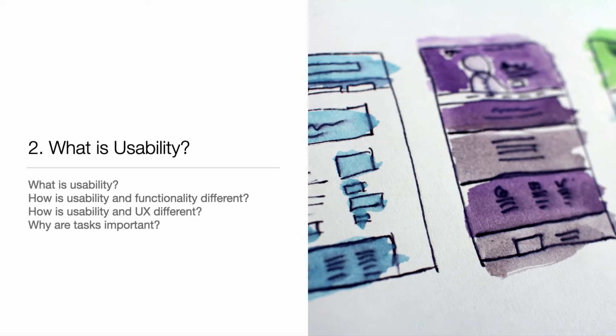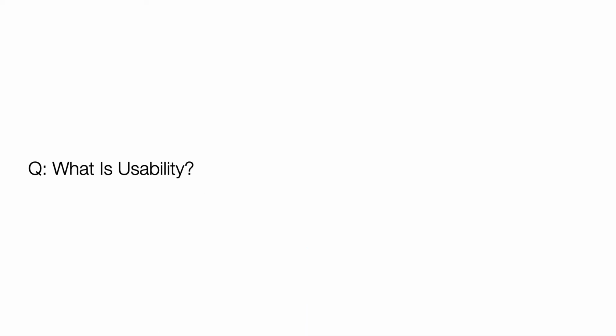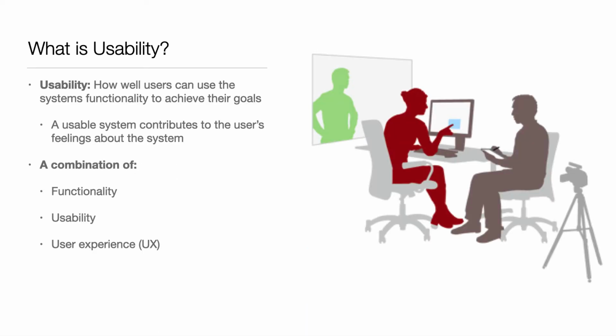What is usability? Well, usability is how well users can use the system functions to achieve their goals. So a usable system contributes to the user's feelings about the system. If the system works really well and we've got a really high usability, then we love it, think it's great. And we might not even be aware of why we like something, but part of it is it's fast.